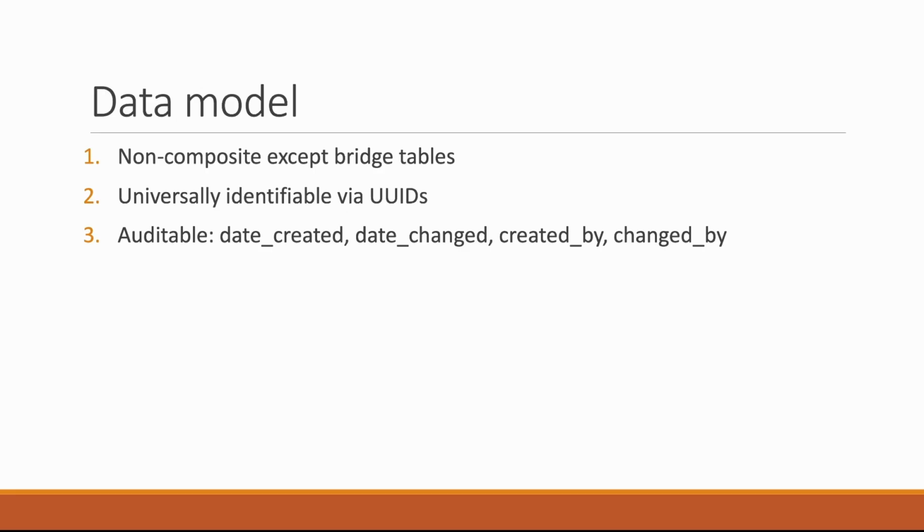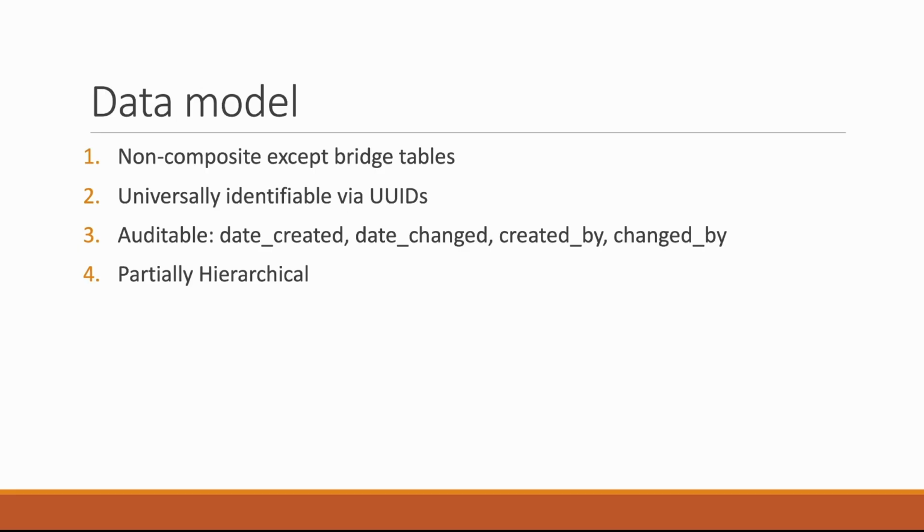So changed by and created by are OpenMRS users, and date created and date changed are date fields in the database, defined for every table. This is how you can audit the data: who created each row, and if there was an update, who updated it. So OpenMRS's entire data model is auditable.